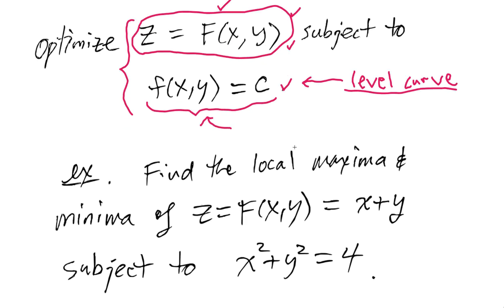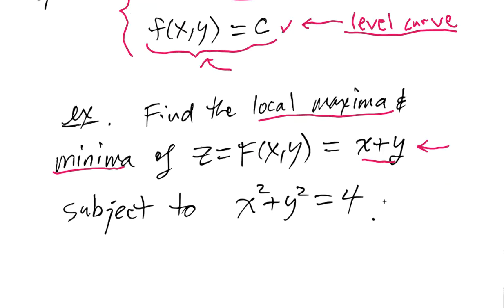What would be a concrete example of something like this? Find the local maxima and minima of z equals cap F of x, y, which is just x plus y. If I was to graph z equals x plus y, I would end up with a plane in 3-space.